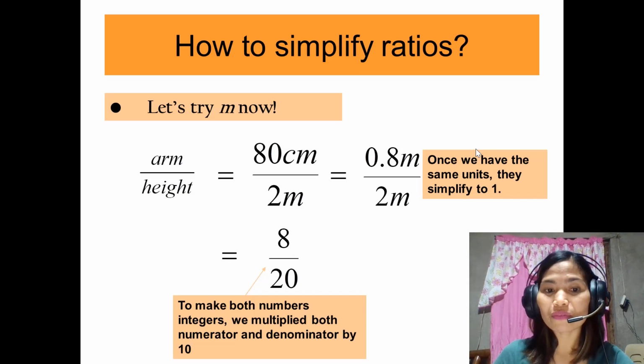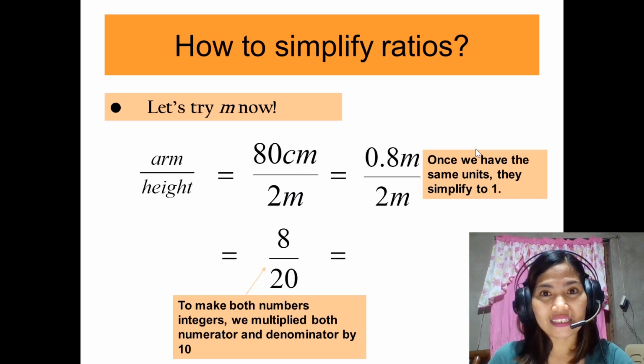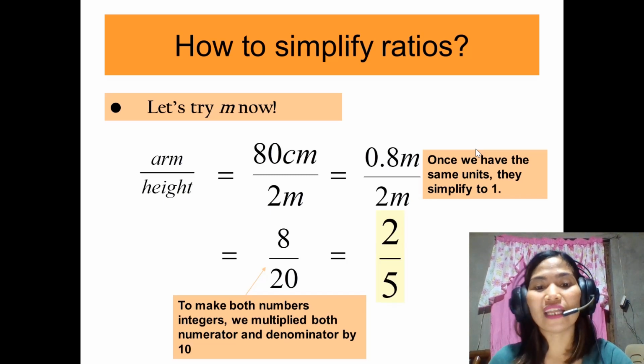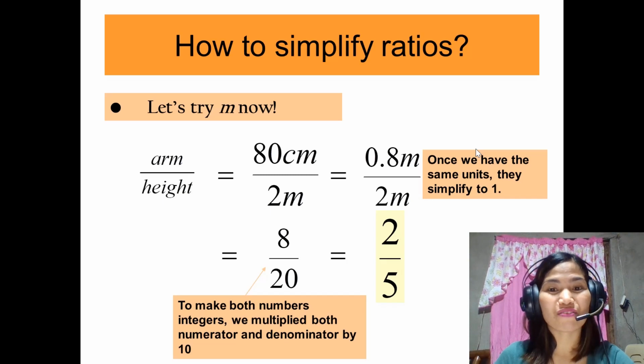To make both numbers integers, we multiplied both numerator and denominator by 10. What is their greatest common factor? Correct, it's 4. So 8 divided by 4 is 2, and 20 divided by 4 is 5. So we still have 2 is to 5.